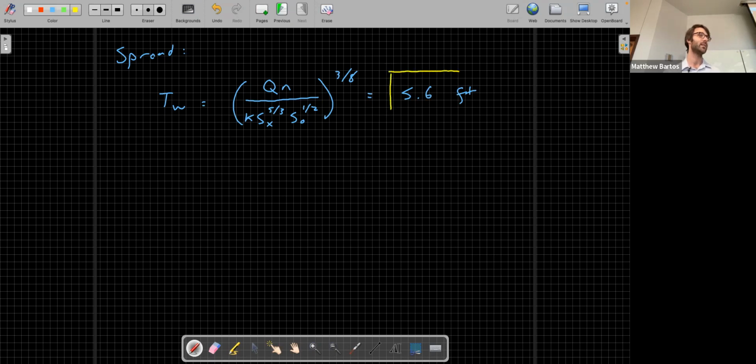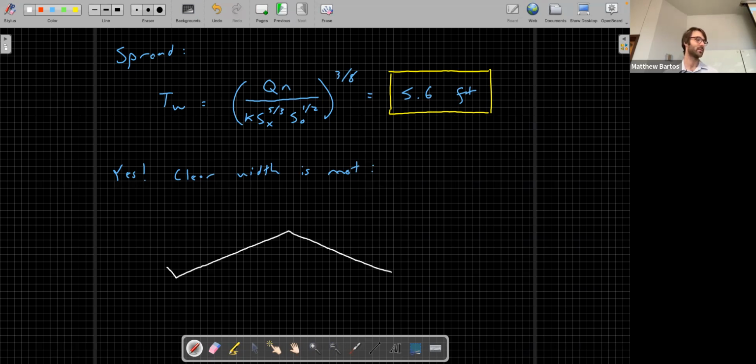I think everyone got that one, right? Second, does it meet the clear width requirement or not? Yes, the clear width requirement is met. Why is that? Well, we can see it geometrically, if we look at the roadway. The roadway is 24 feet.